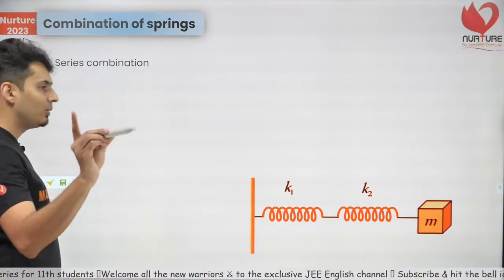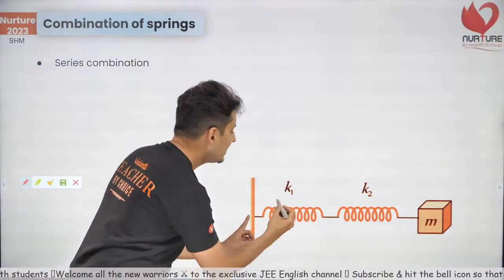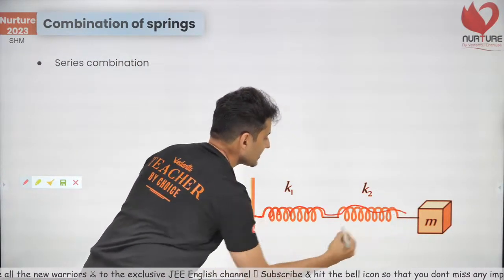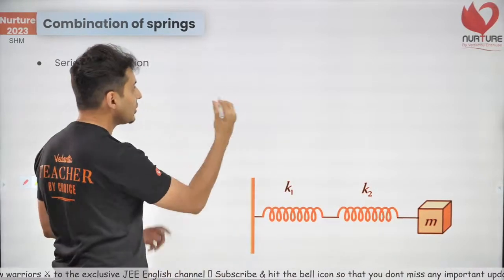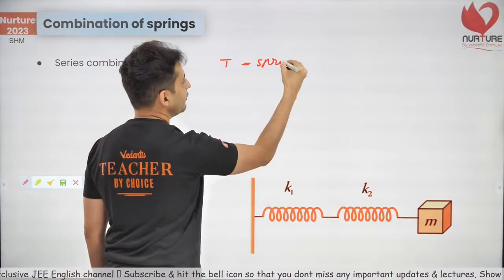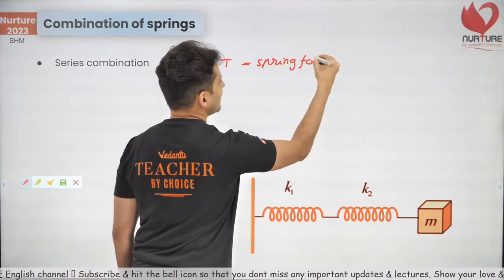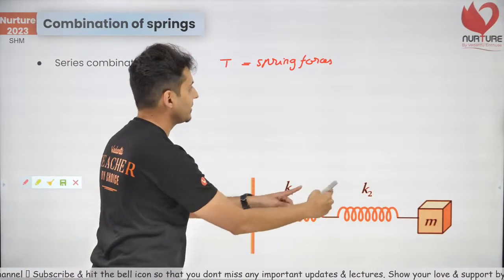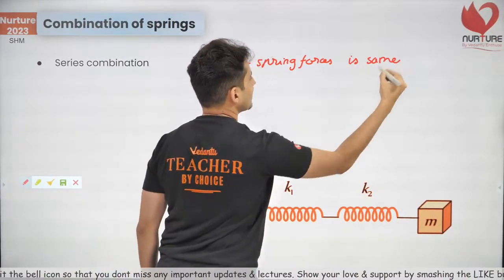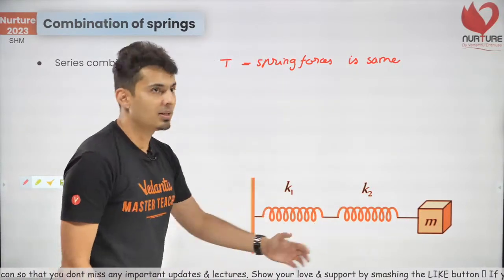Now, the reason why it will be different is, think of this like a string which is continuous. So the tension, which is basically the spring force, in this one or this one, is the same.